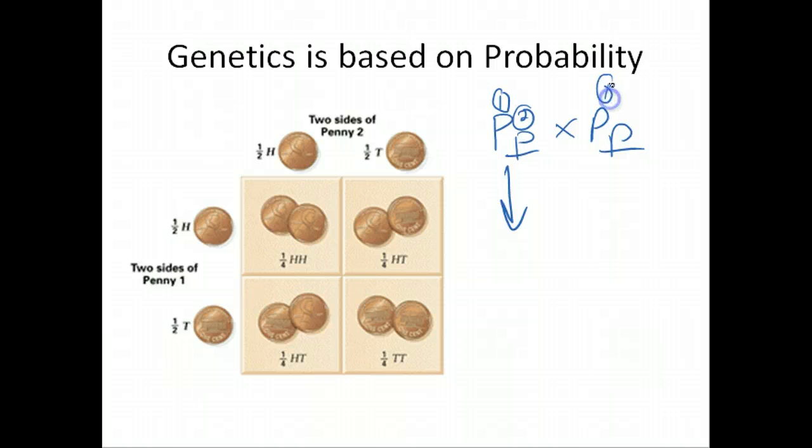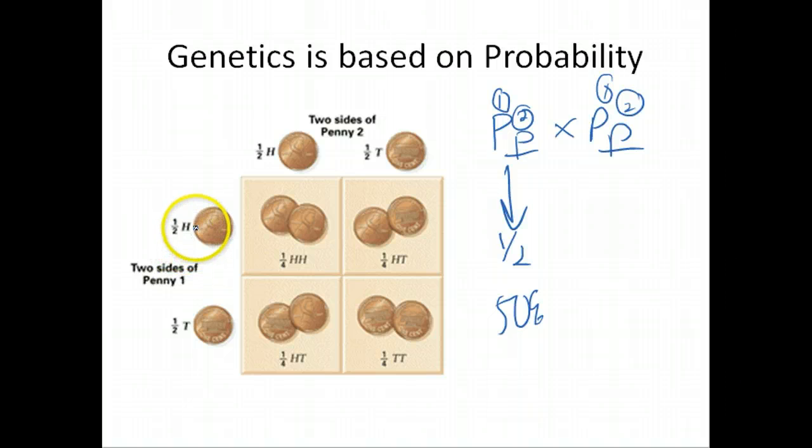You also have a 50-50 chance of contributing allele 1 or allele 2 here. So each gets a half chance, which is 50%. It's very much like tossing a coin.